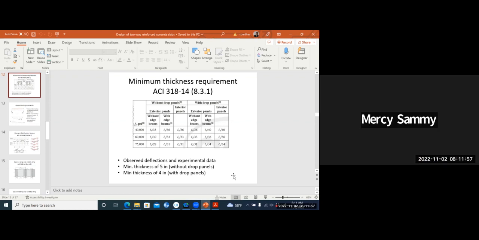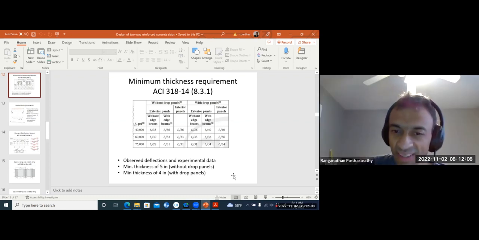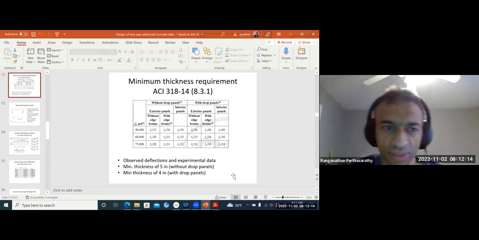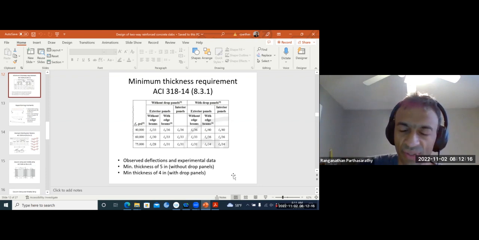Because I was reading this paper, they had a list of reasons why the ACI code for minimum thickness should be updated. Oh, okay. Please, can you refer me to this paper? Yeah, I'll send it to you. Thank you so much. Because I'm trying to always update the material based on the latest papers.